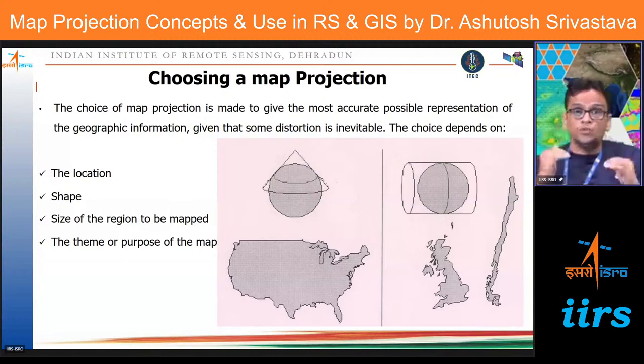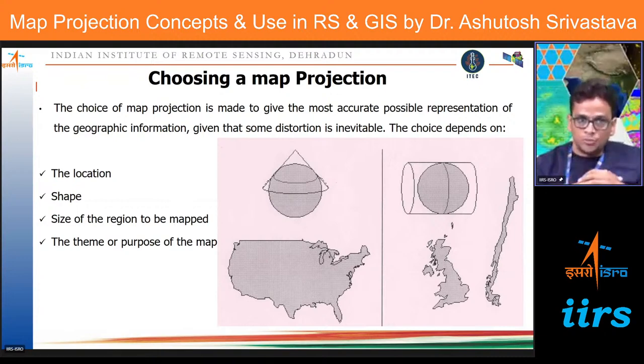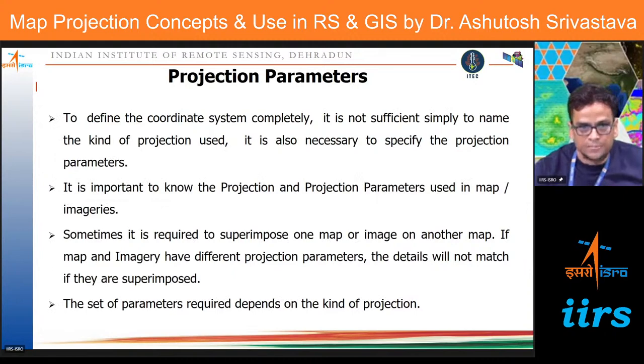So we need to select our map projection based on the location, the shape or the size of the region to be mapped, and the theme or the purpose of the map, the most important. As per our objective, we can select these map projections.